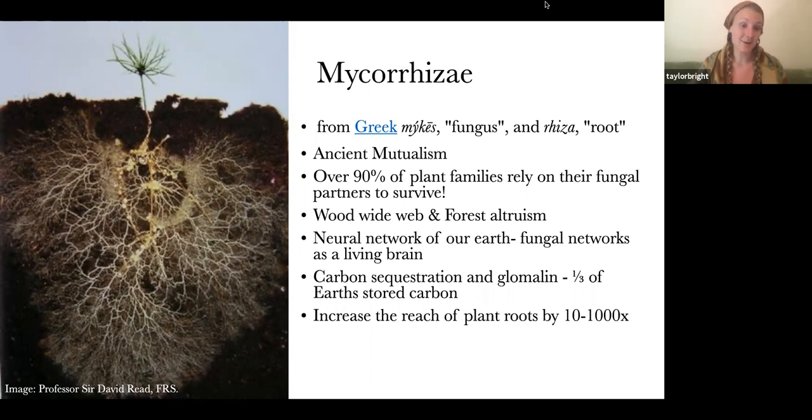But yeah, and that doesn't surprise me, because I really think that in a lot of ways, like the neural network of our planet, these mycorrhizal networks, they run the show. They really create the world that we live in and live on.